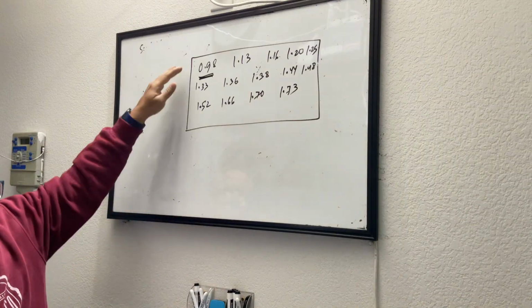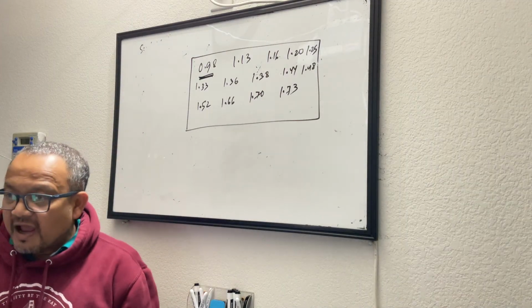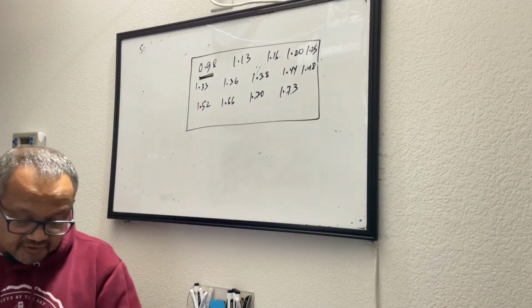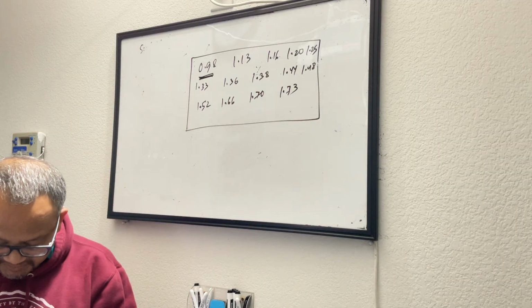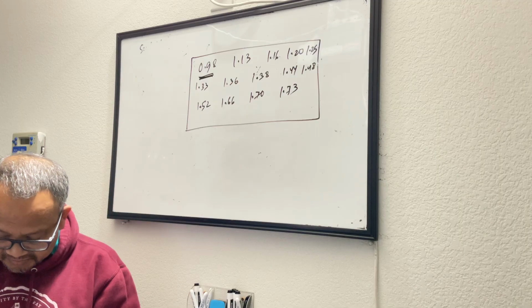If this one is removed, the mean, range, and standard deviation will reduce if this one is taken out from this information. Now you have to tell me whether this statement is true.